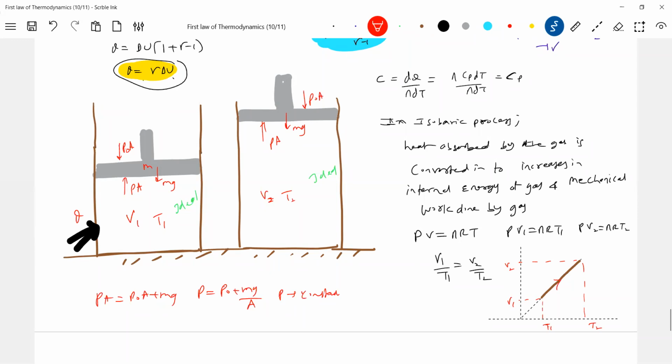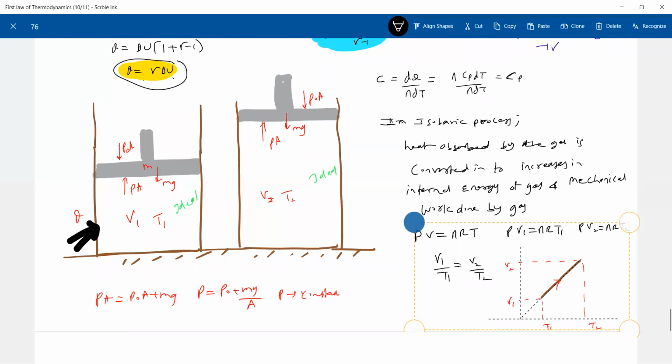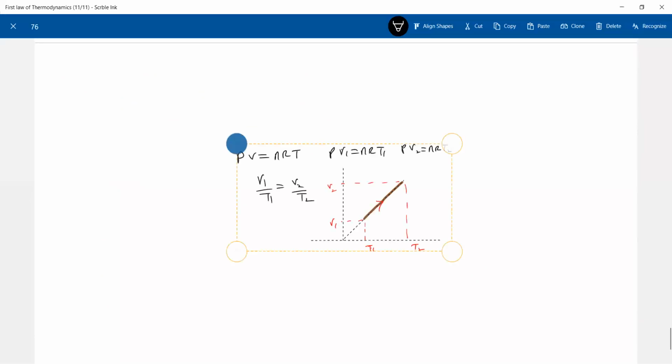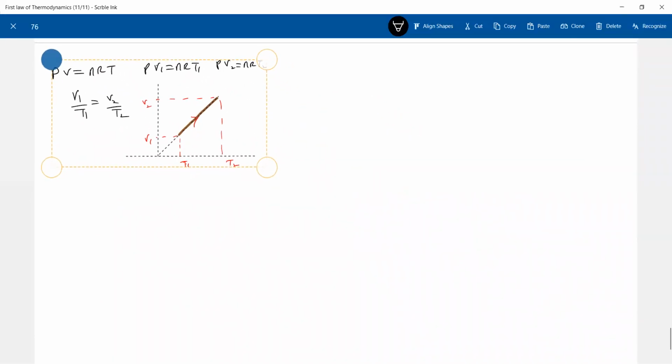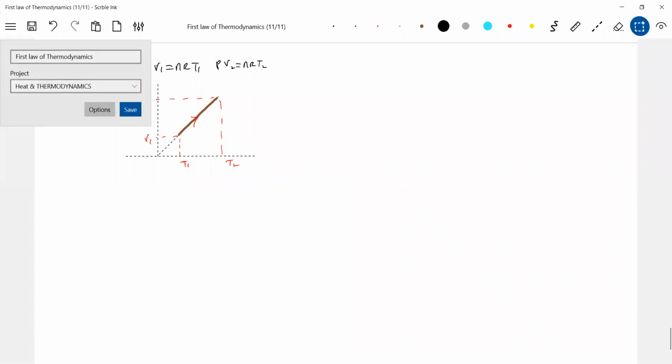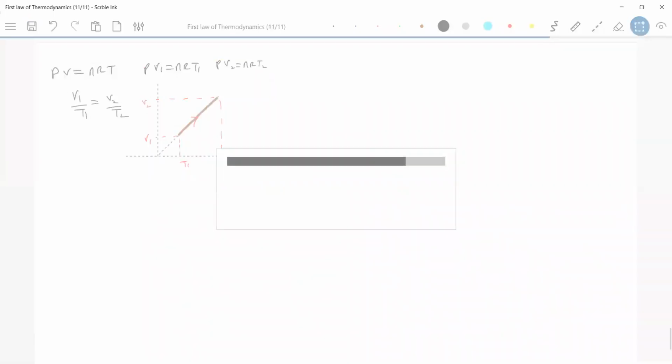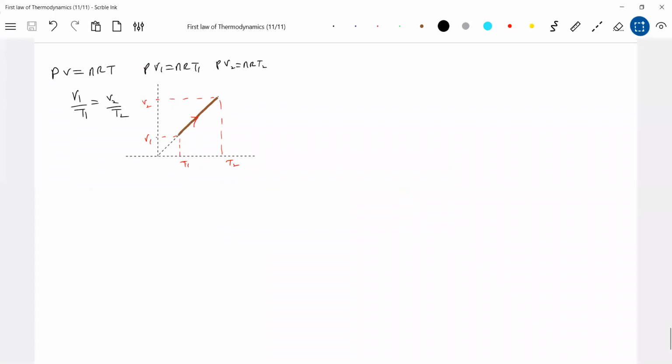Different types of graphs. PV graph we have seen. There's a VT graph. Let me put all the graphs at one place. It'll be easy for you. Comparison. Okay, so in an isobaric process, volume versus temperature curve: if a straight line passes through the origin, it's an isobaric process.